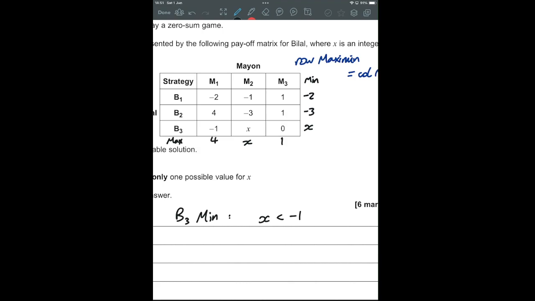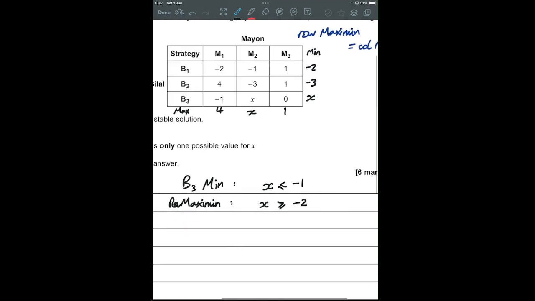But then to be the row maximin, x has to be greater than, can we be equal to? I suppose these could be equal to's. Has to be greater than or equal to -2. So that's doing it from Bilal's point of view.